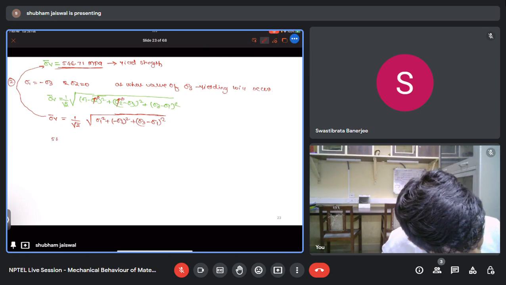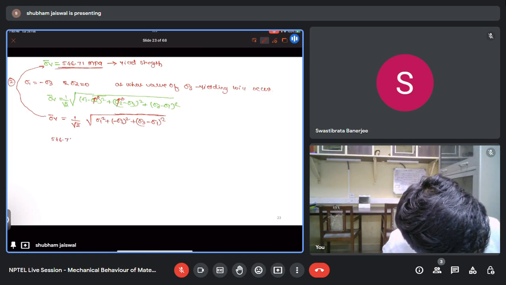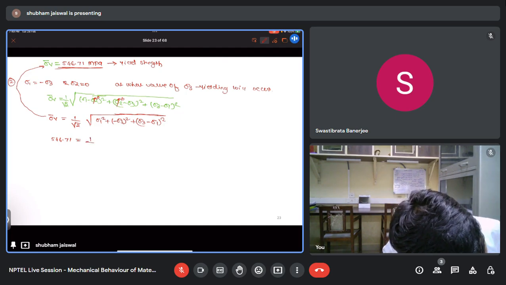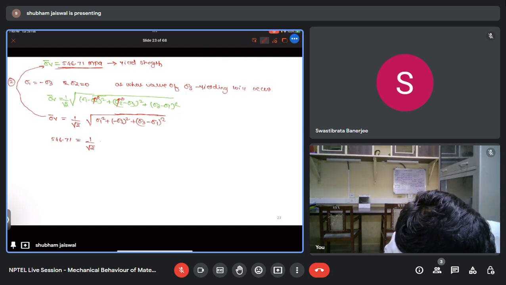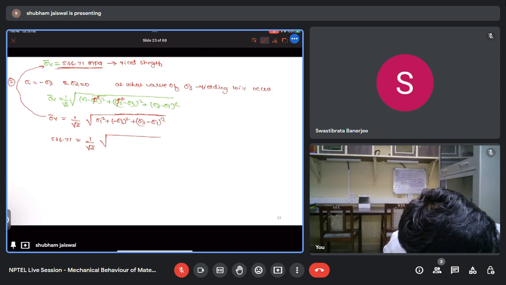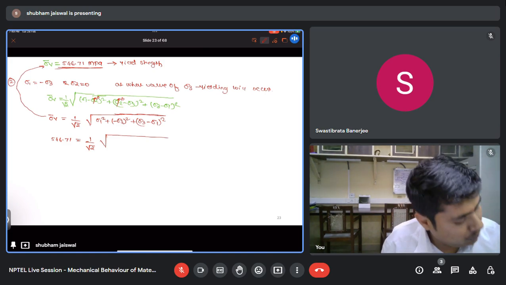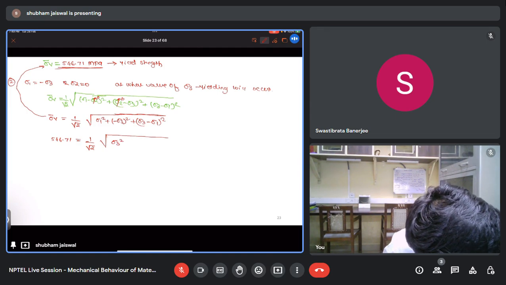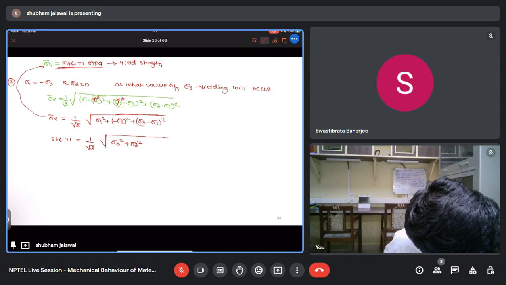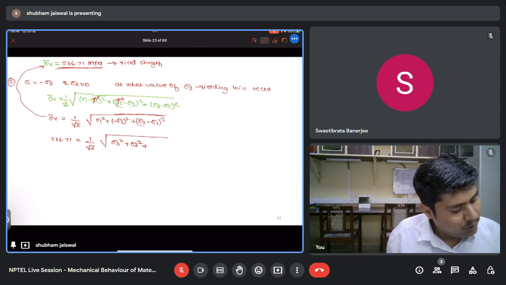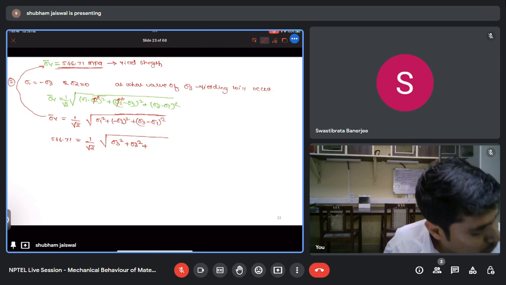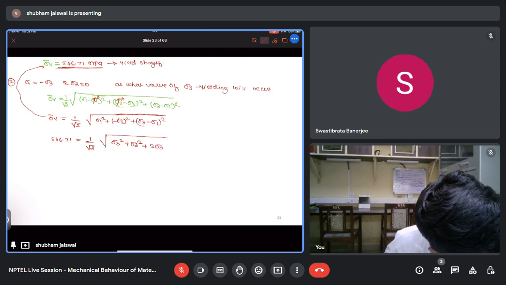So this is 546.71 equal to 1 by root 2 under root of sigma 3 square plus sigma 3 square plus, since sigma 1 is minus sigma 3, 2 sigma 3 square.